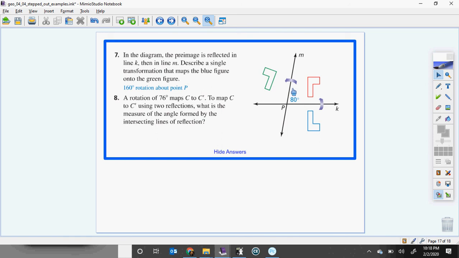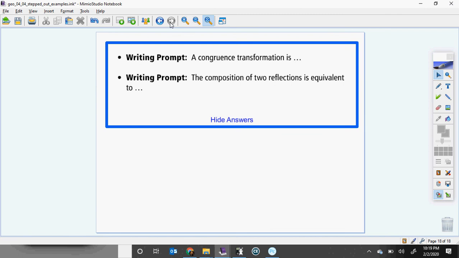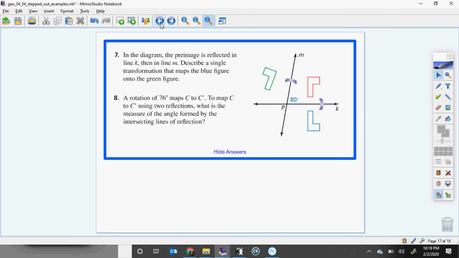What is the angle formed by those lines? Well, I have to go backwards. So instead of multiplying by 2, I divide by 2. 76 divided by 2: 70 divided by 2 is 35, 6 divided by 2 is 3, add them together, 38 degrees. 38 degrees gives me that transformation. And that's it.